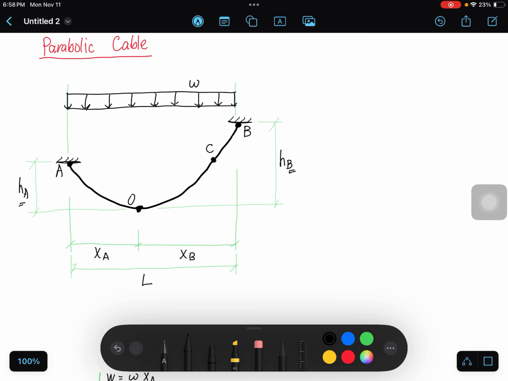And then horizontally from point A going to point O, it is XA, and then point B papuntang point O, XB. So total length, it is XA plus XB.